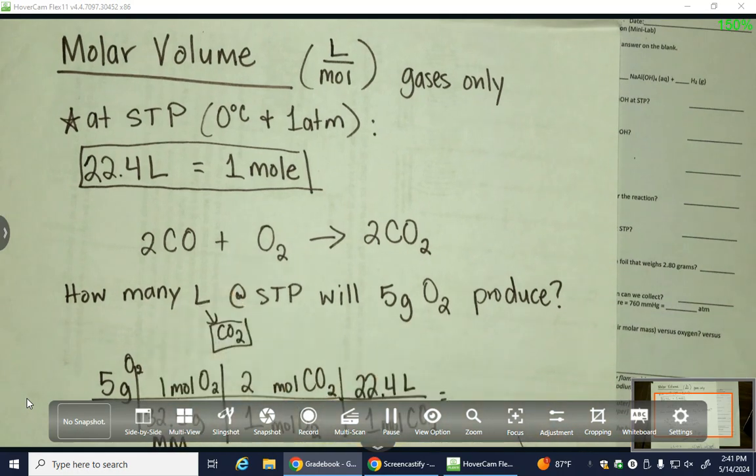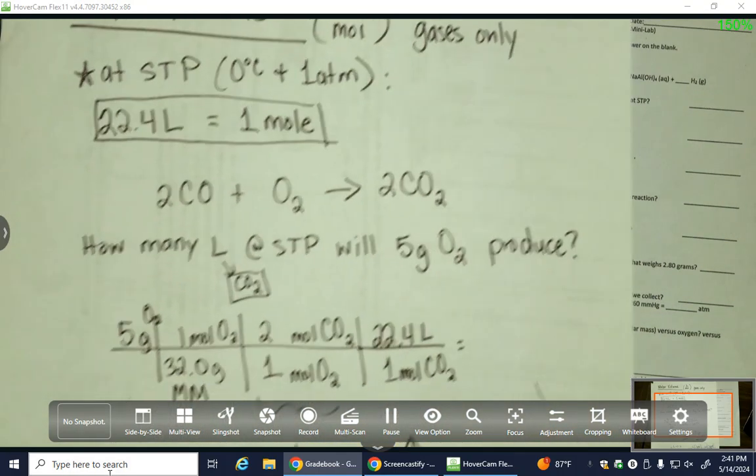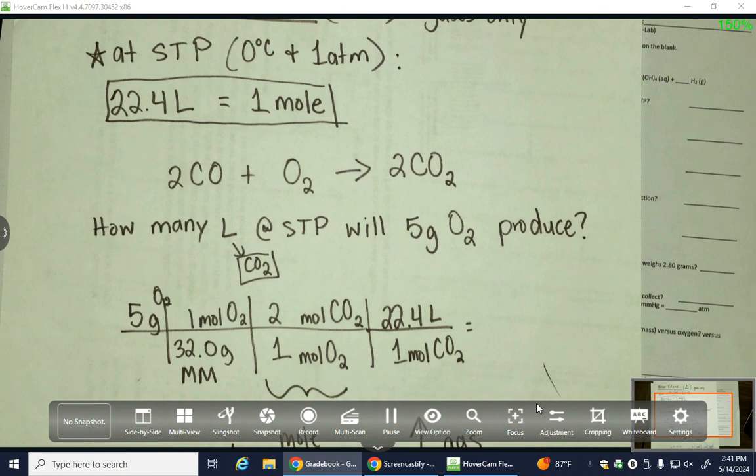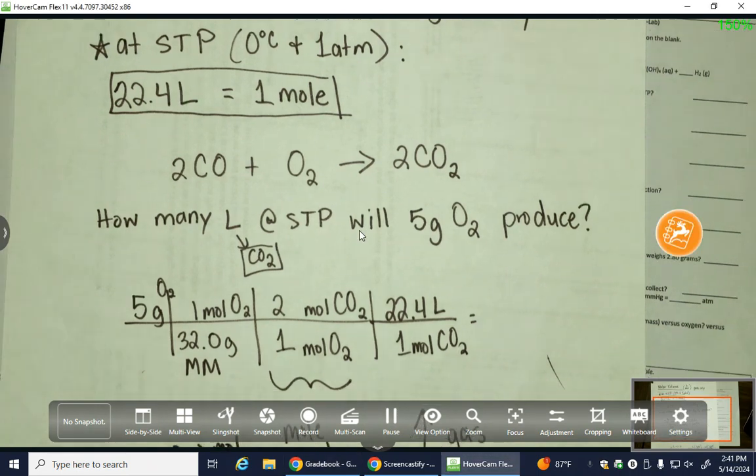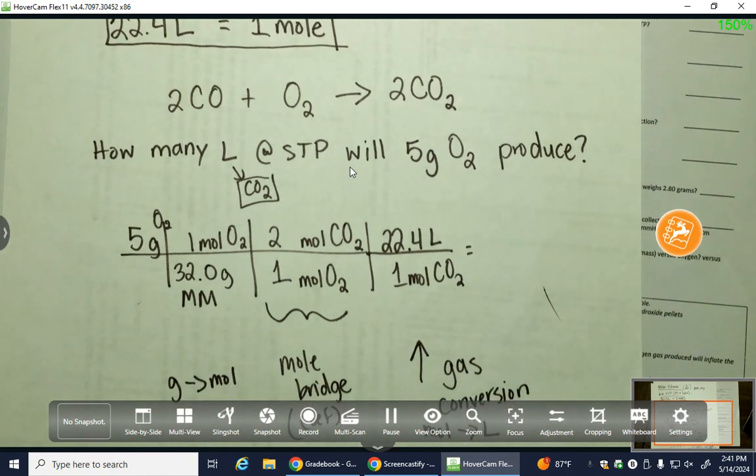So then in our notes, we used an example to make sure that we got the point across. We have our balanced equation, and I said, how many liters at STP will 5 grams of oxygen produce? And we probably had a different example. I think I changed the example all day, so you might have a different number. But the whole idea here is that you are just running a stoichiometry calculation.